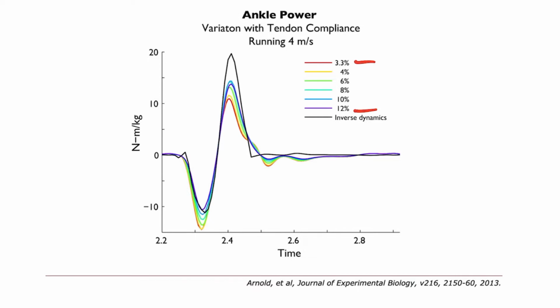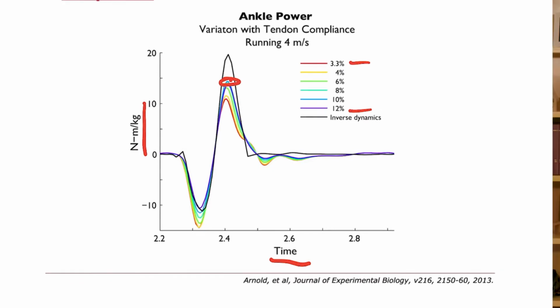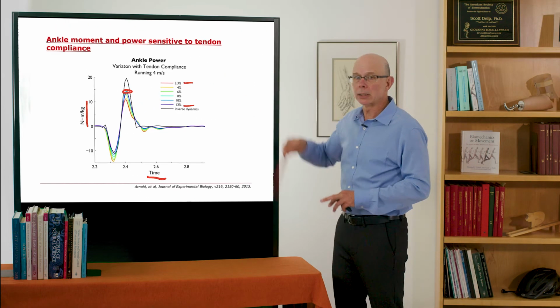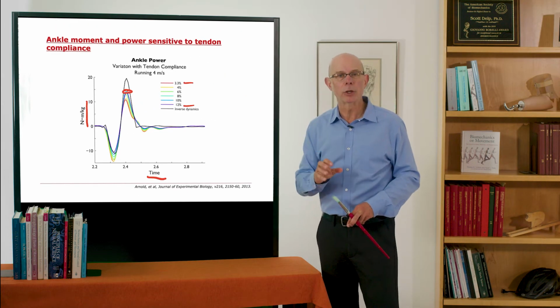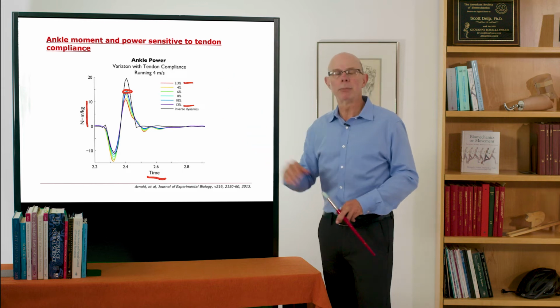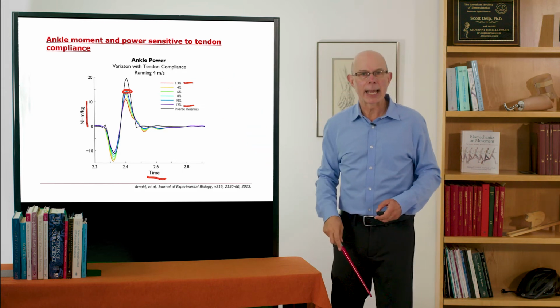And what I'm plotting here is the net ankle power versus time from inverse dynamics and from our simulation with those different tendon compliance measures. And the one where it matched best was around 10% stretch. If we had used a lower compliance, a stiffer tendon, we didn't get a good match. So we had to adjust the model for analyzing the ankle muscles.